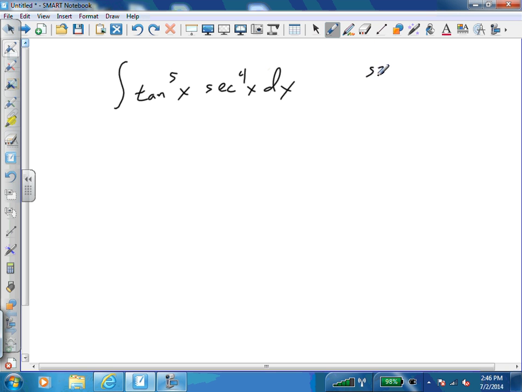They said if we've got an even power of secant, then we're going to pull out a secant squared, and that's going to be our du, which would make our u tangent.